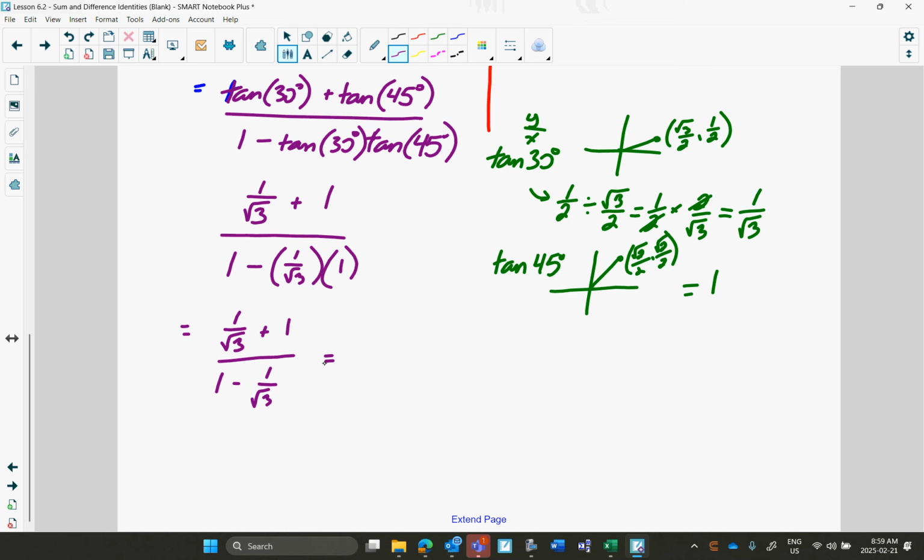But I've got to combine these, and because they're fractions, I have to do lowest common denominators. What's the lowest common denominator of root 3 and 1? Root 3, which means that this stays as 1, but I have to multiply this by root 3. So I get that.